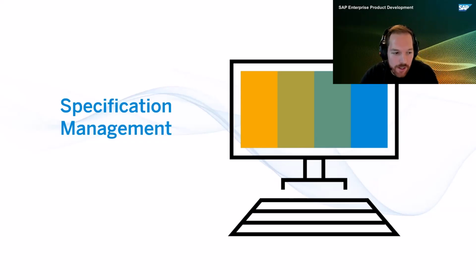Specification management, as introduced, is a new capability that we're now releasing in its first version with the 22.11 release. And we're all super excited about it because it really is something new in terms of concept for an EPD application. Previously in the applications, we were mostly working with data that already exists or data that is related to one of the backend systems.